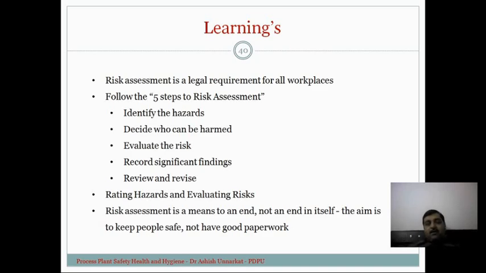We also looked at how we rate the hazards and evaluate those risks on different scales. At the end, a risk assessment is a means to an end for the hazards. It is not an end in itself. The aim is to keep people safe, and it is not only a study, but more of an implementation part.